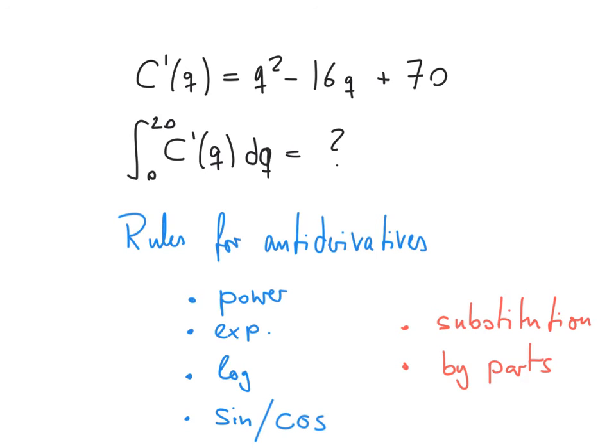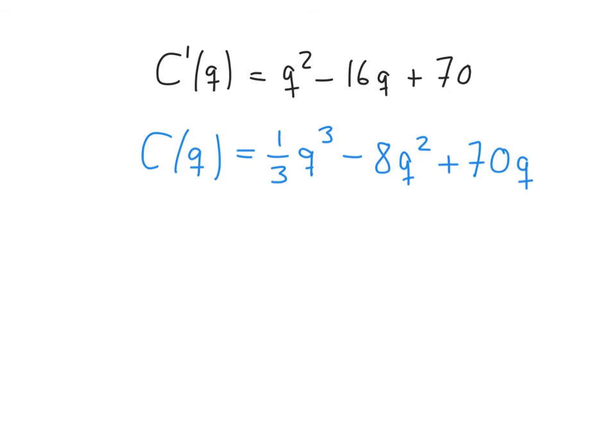So this here is just a combination of power functions. For this, we can easily use the power rule to find an antiderivative. Here I applied the power rule for each of those expressions. For the power rule for derivatives, we had to decrease the exponent by 1 and multiply by the exponent.